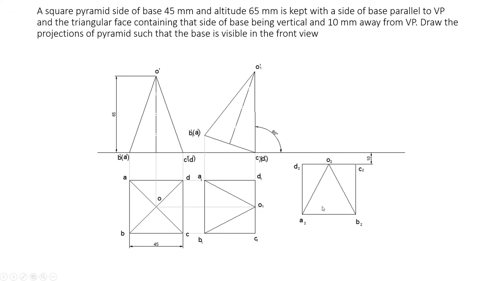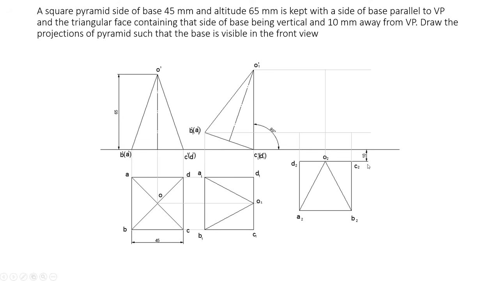From here you mark a point at 10 mm and draw a line like this. On that line you mark this dimension. This is D2 and C2. Mark this length like this and complete that rectangle. Also draw these slant lines. Name these points as A2, B2, C2, D2 and O2.